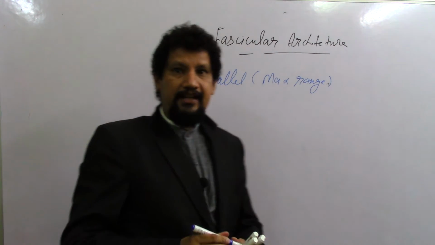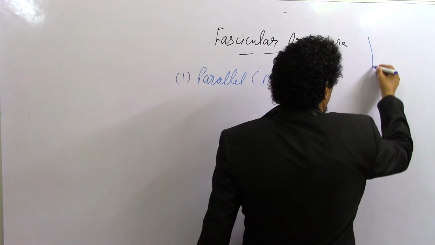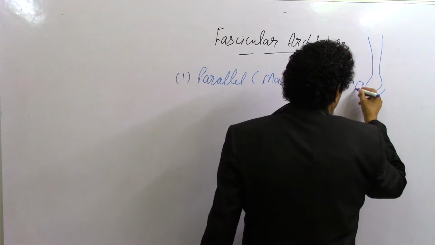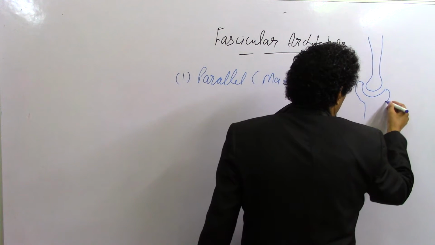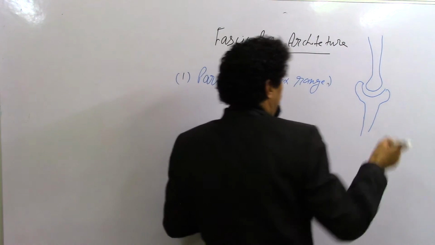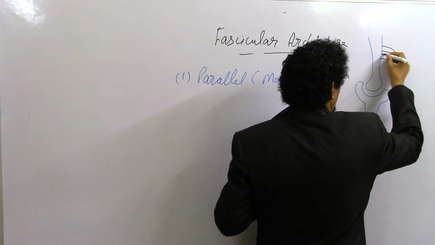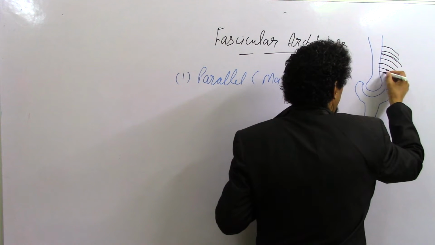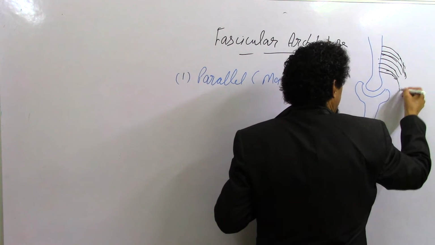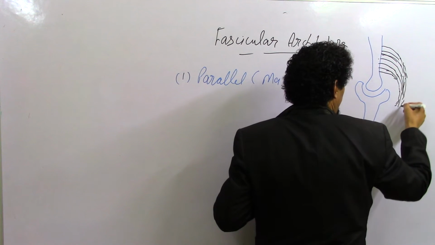The muscle acts on a joint. Here is one muscle, and this is the joint. There is a fleshy origin of the muscle, which is attached directly to the periosteum, and the muscle is attached on the bone on the other side of the joint by a tendon.